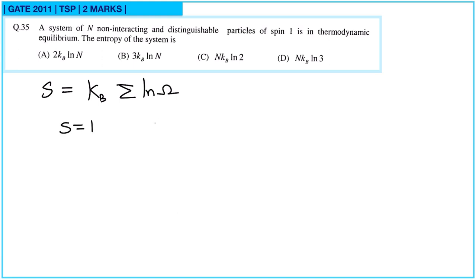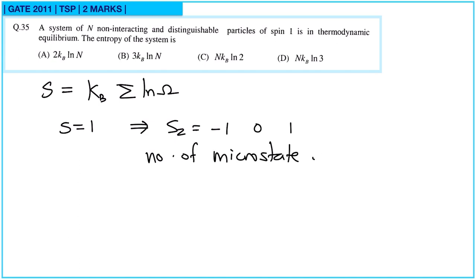It is a spin 1 particle, so its z component can be minus 1, 0 and 1. So number of microstates is 3. So number of microstates omega is equal to 3. So S will be equal to, there are n such particles, so we have to multiply by n, into we have kb and ln of 3. So here option D is correct.